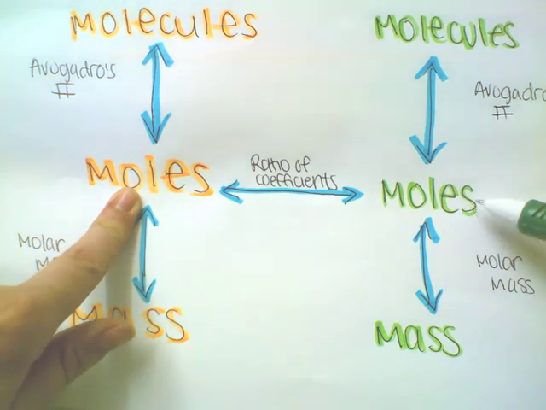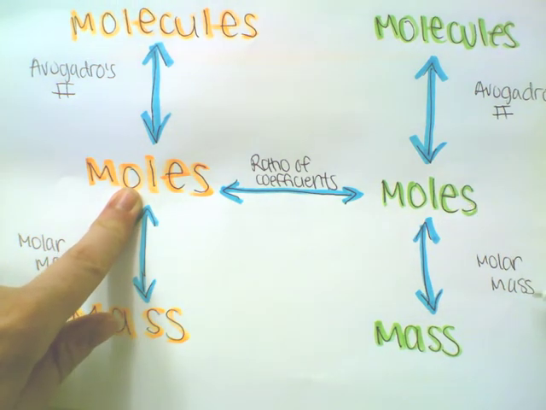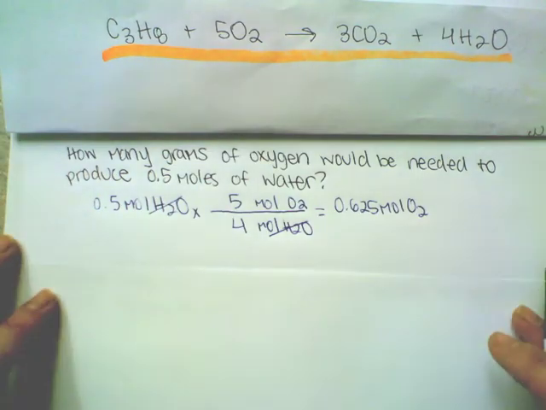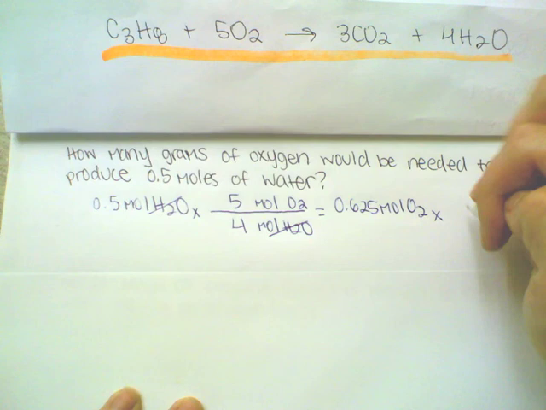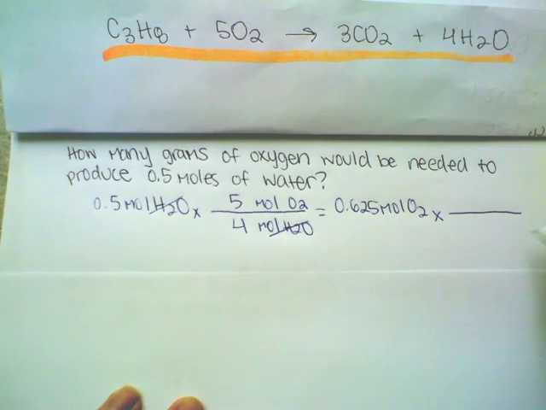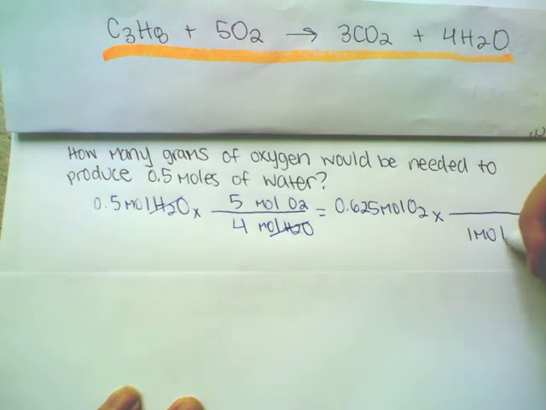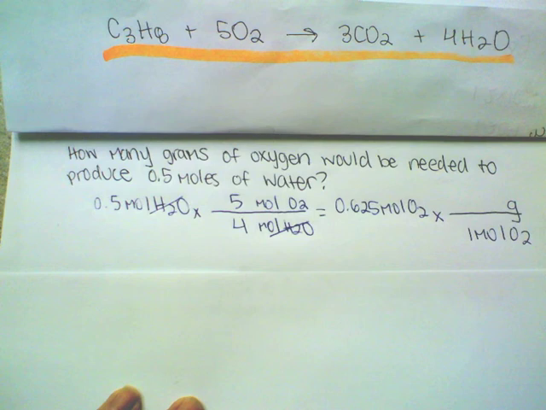Now we're going to go from moles to mass using the molar mass. Molar mass is the number of grams in 1 mole. So I've got moles of oxygen on top, I'm going to put moles of oxygen on the bottom. How many grams are in 1 mole of oxygen? You would look at your periodic table.